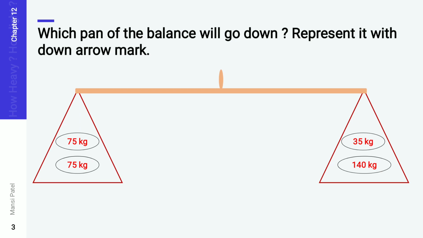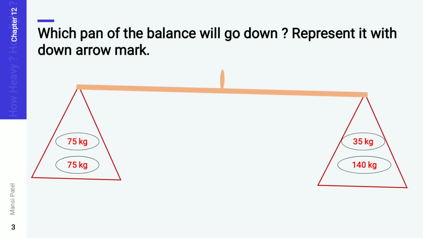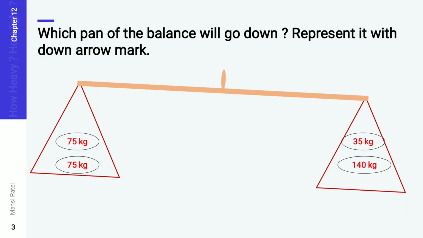That is 175 kilogram. So on one side there is 150 kilogram, and on the other side there is 175 kilogram. Which side will go down? Yes, the other side, the right hand side, will go down. So you just mark one down arrow on the side which will go down.